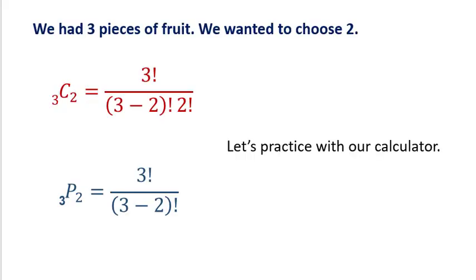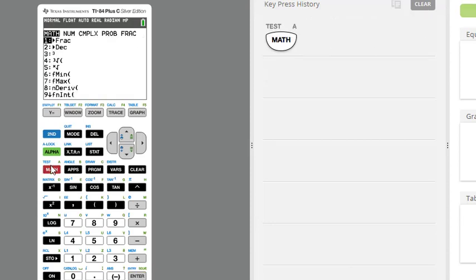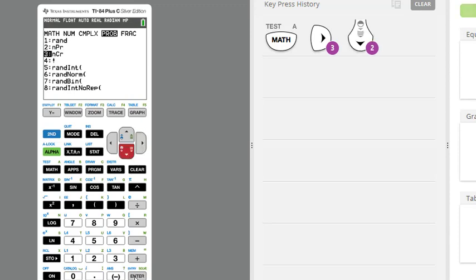I want us to practice. We have 3 pieces of fruit and we want to choose 2 problem with our calculator. Once again, if you are working with the formulas, this would be the formula, but I want to do it with my calculator. I went to the math button, I scrolled over to probability, and I'm going to go down to the combination. Hit enter.